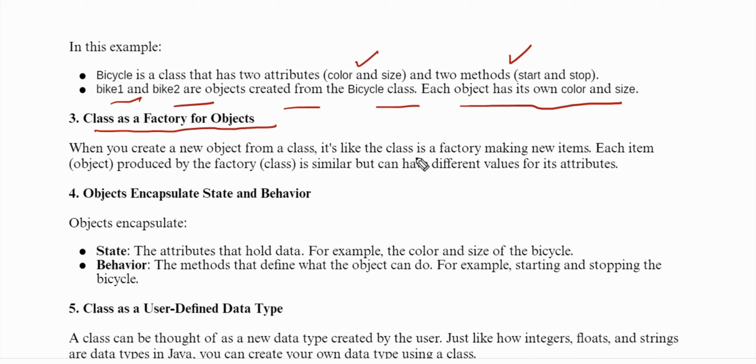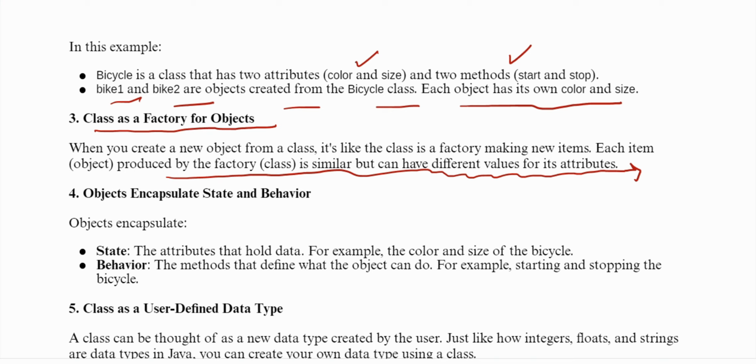When you create a new object from a class, like in the bike example, you have created bike one and bike two from the bicycle class. So it's like a class factory making new items. Each item produced by the factory is similar but has different values for its attributes.